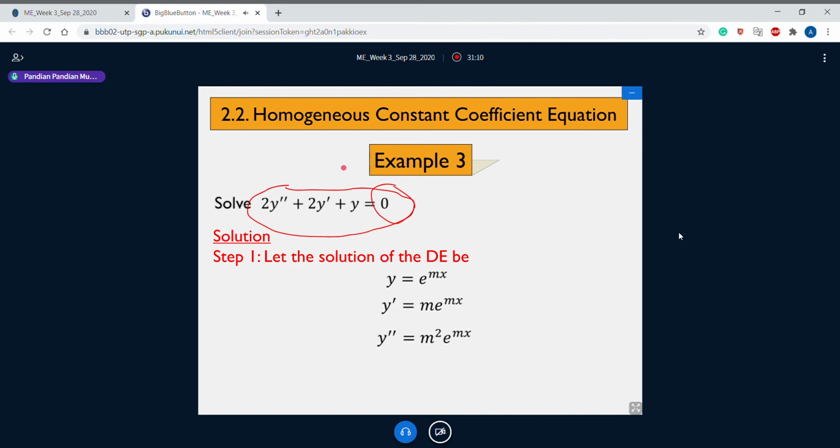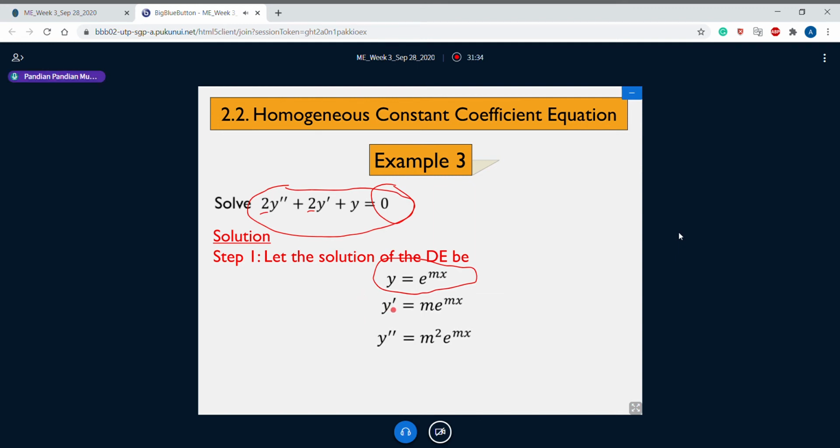It has constant coefficients because this is 2 y double dash, 2 y dash, and then this is 1, y equals 0. Now you start with y = e^(mx). This is the assumption that we have to make.